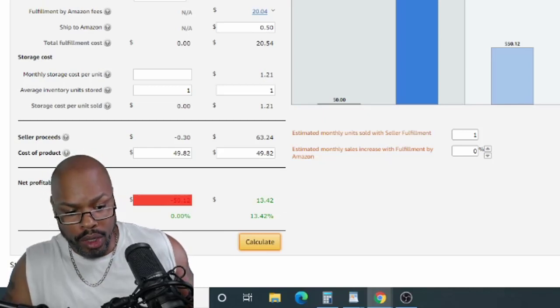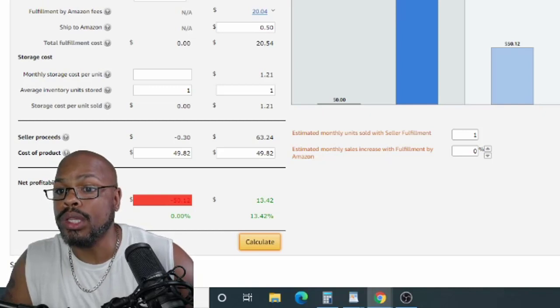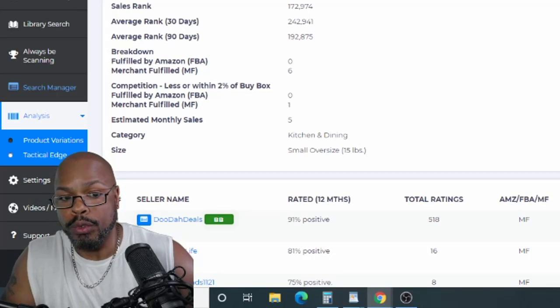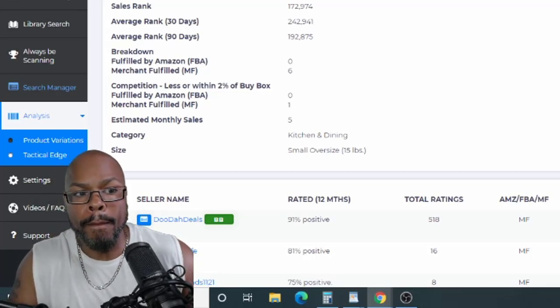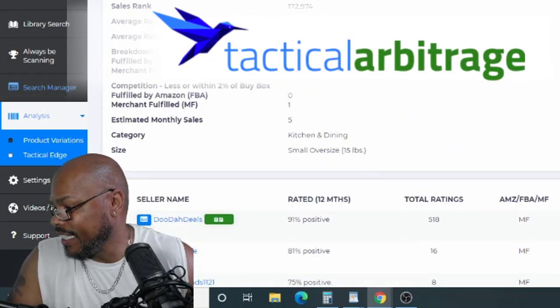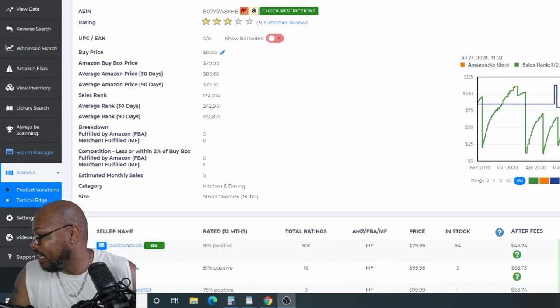Now we can go a little bit deeper, okay? Because we're going to get into, real quick after this, the other way that you can source for products, which would be using a software called Tactical Arbitrage. That's how we really get deep. And let me tell you something real quick, guys. Pay attention. This software can be a little on the complicated side.